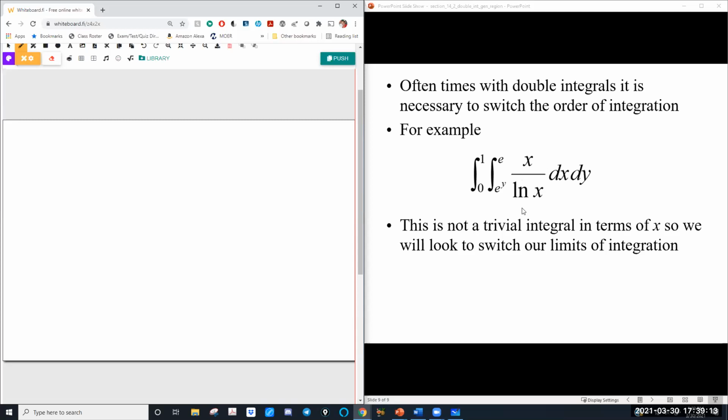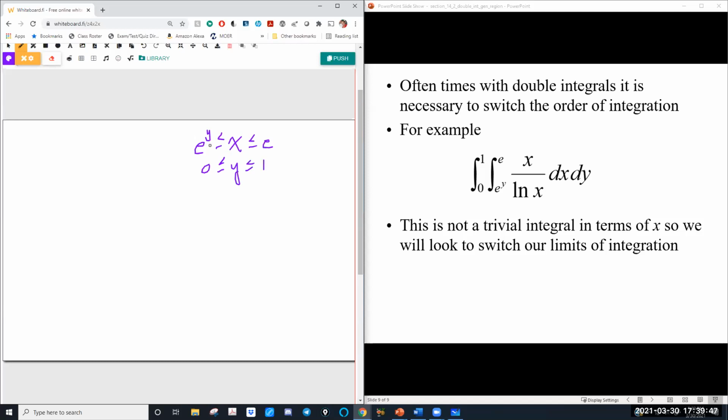So what we want to do is switch our limits of integration. Well, that means we do need to know what the region looks like. What this is telling us is that dx, so x is in between e to the y and e, and y is in between 0 and 1.